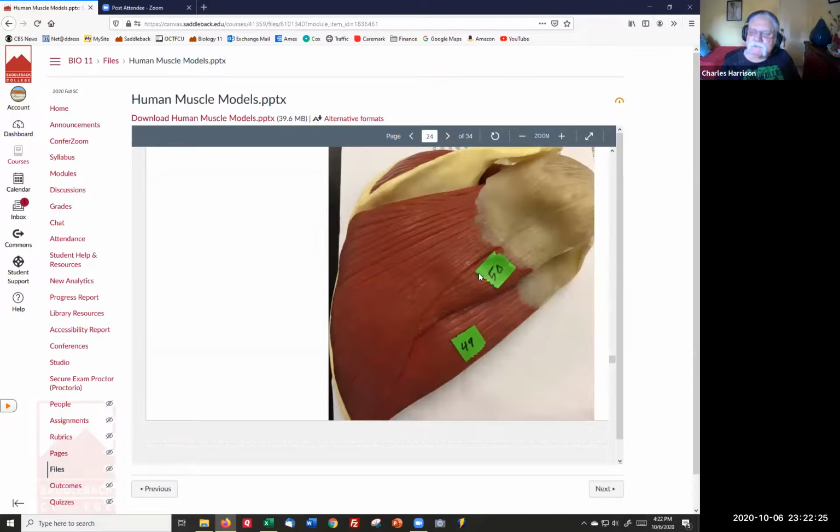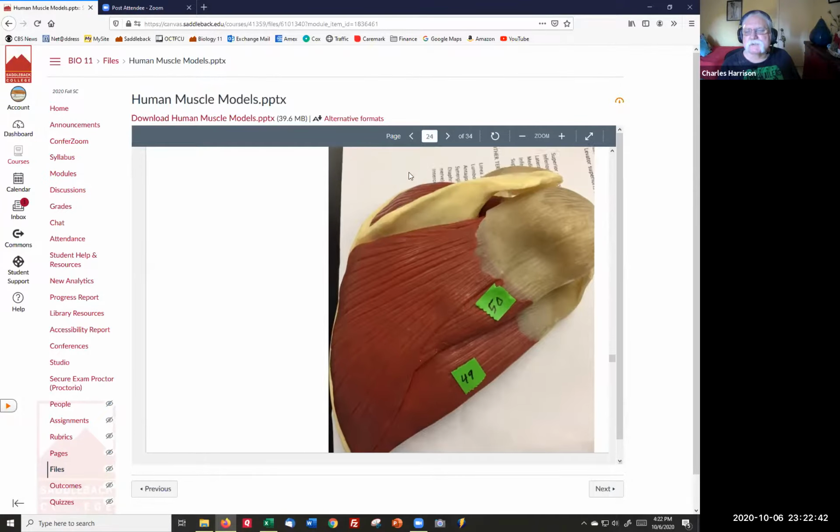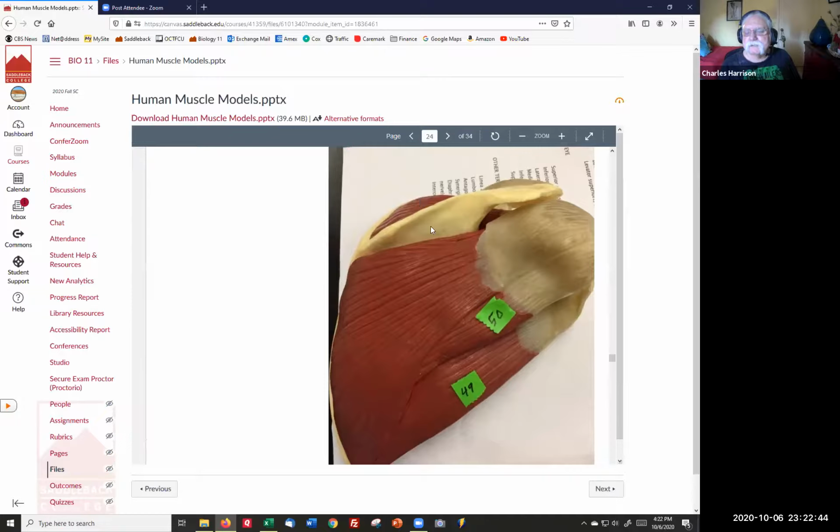This is the teres minor. This is the teres major. The teres minor is attached to the infraspinatus. There's the supraspinatus above the spine there. The teres major is not part of the rotator cuff.